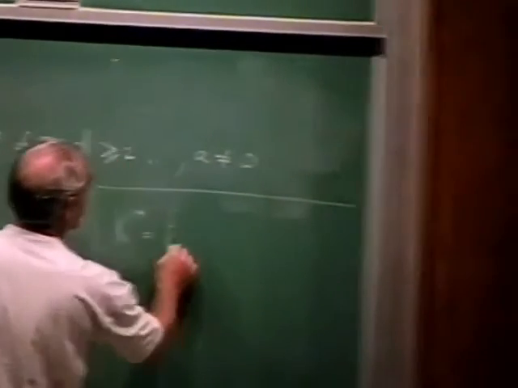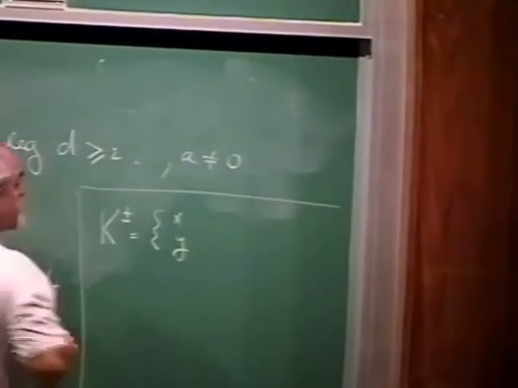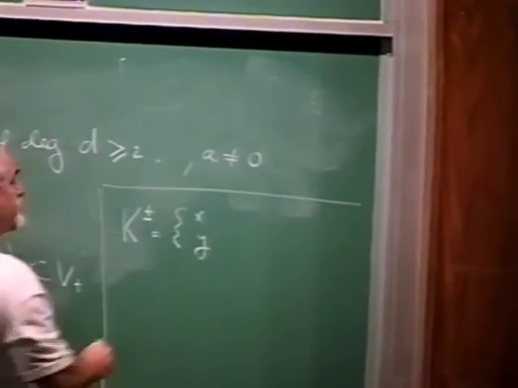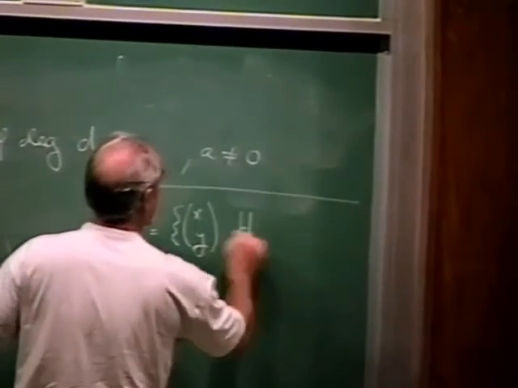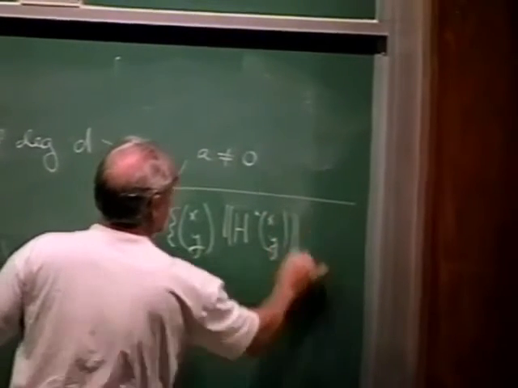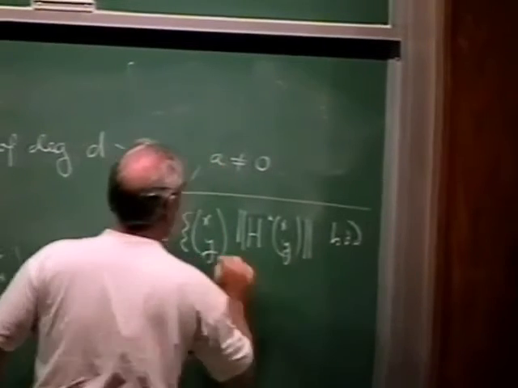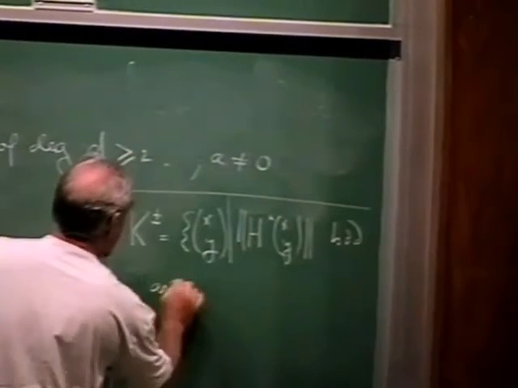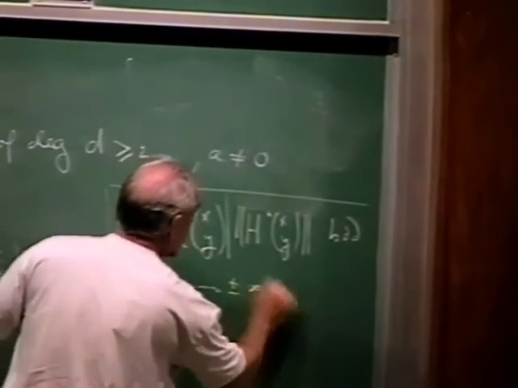So you have a set K plus, equal to the set of (x, y) such that H iterated n times of (x, y) in norm is bounded as n tends to plus or minus infinity.